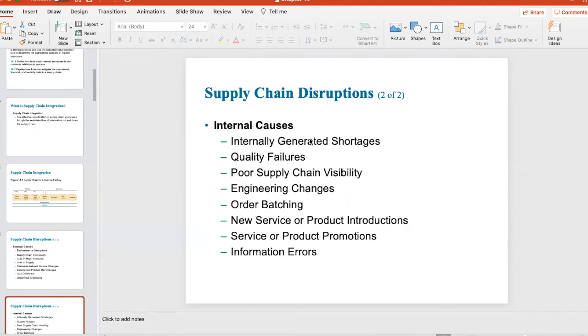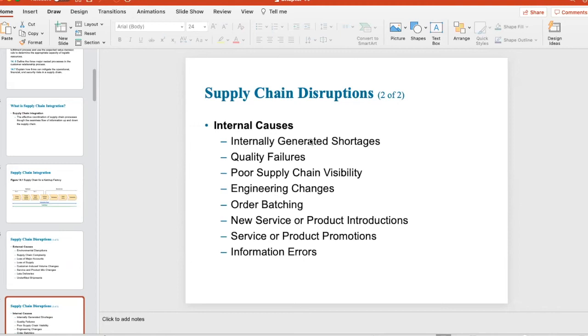Or if you have enough inventory, but you find out, based on the quality test, that some of them cannot reach an acceptable level, then even if you have enough amount, you cannot deliver those defective products to your customer, right? It will also cause some supply chain disruptions.